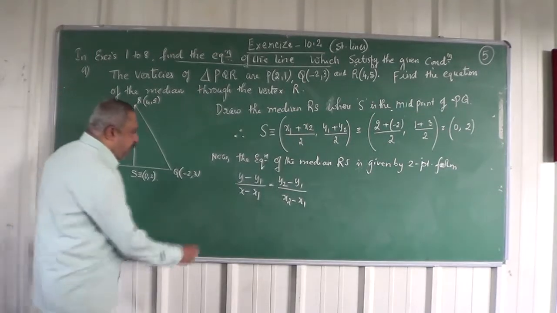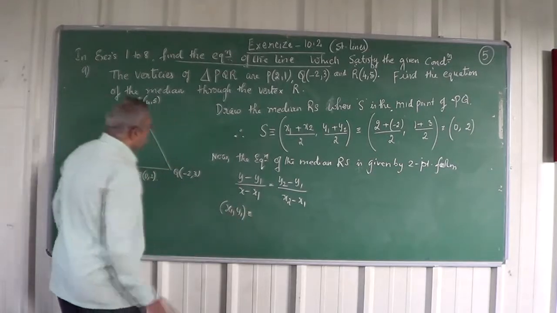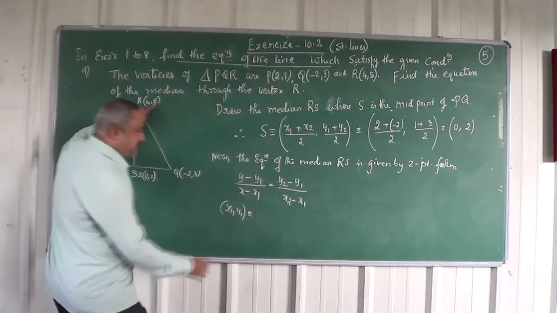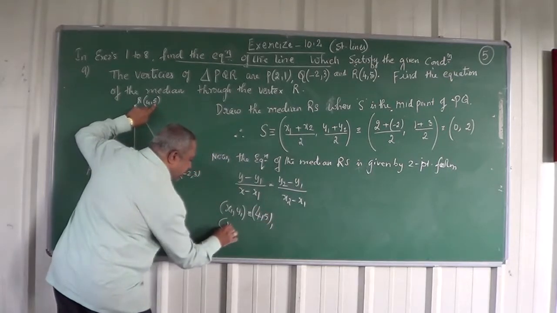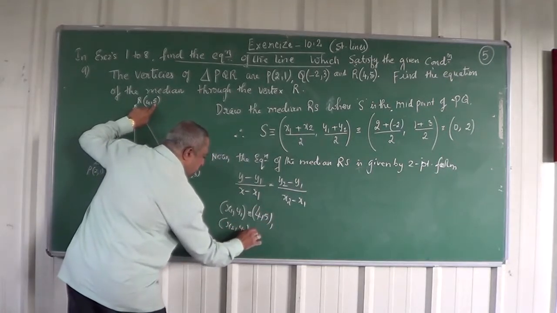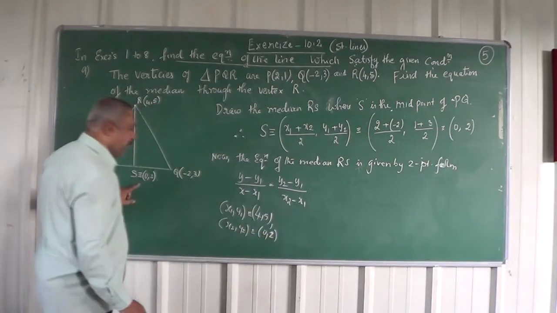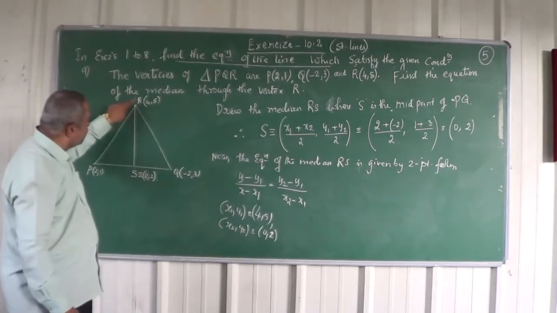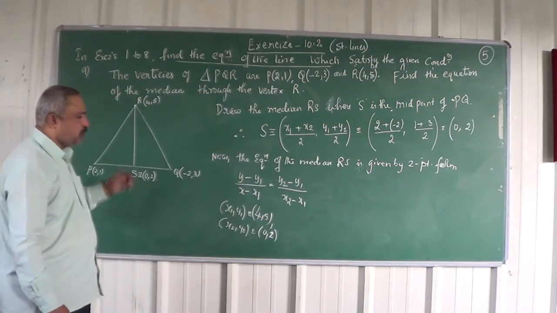Now you identify the points. What are x1, y1? (4, 5). And what is x2, y2? (0, 2), because you are finding the equation of RS. So this is x1, y1, this is x2, y2.